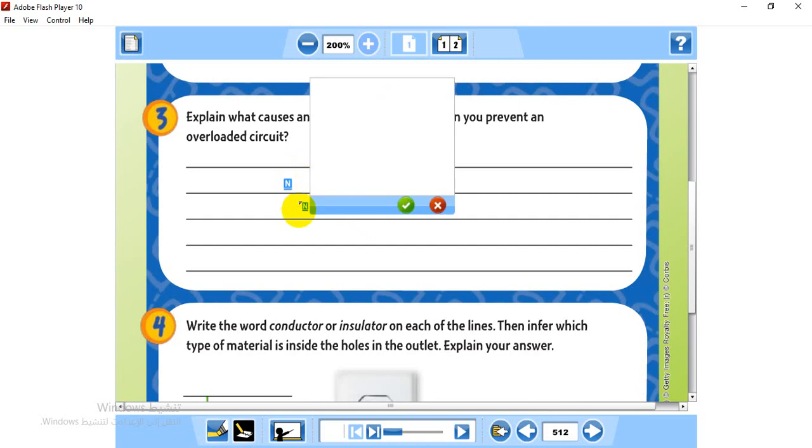So I think I have to write here: an overloaded circuit has too many devices turned on.